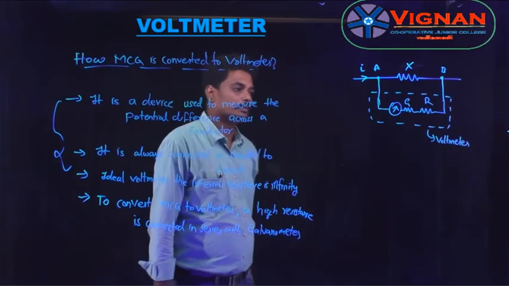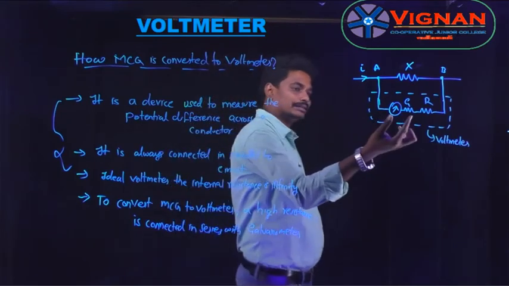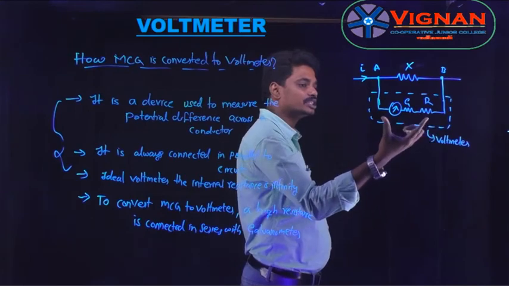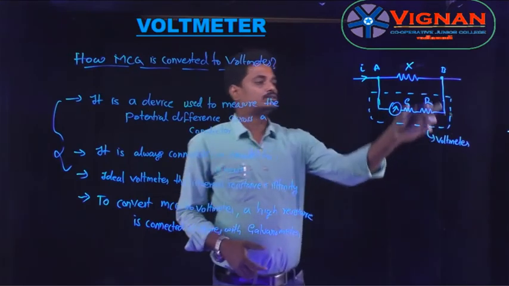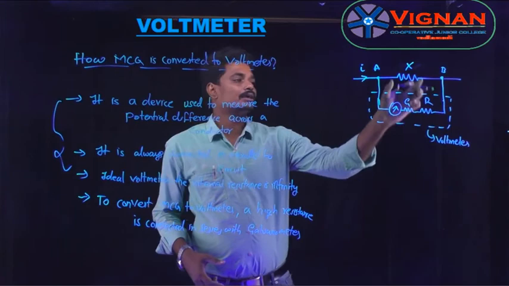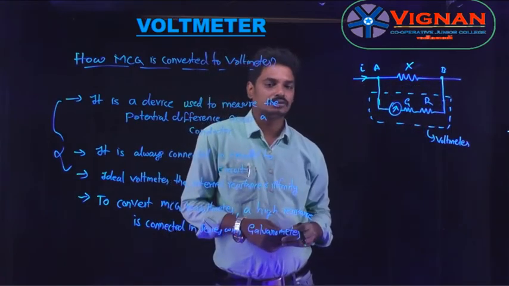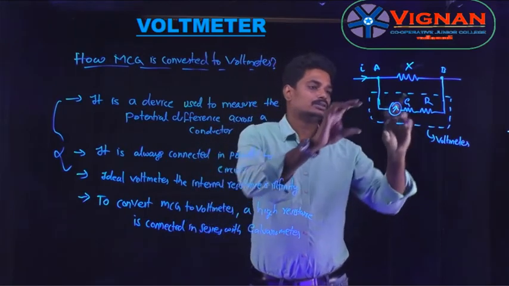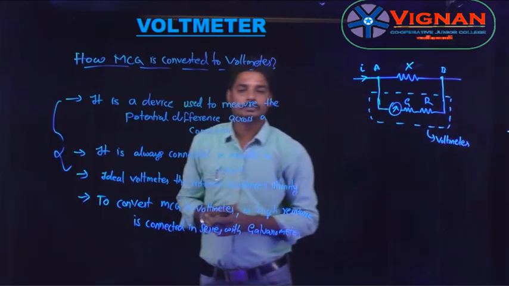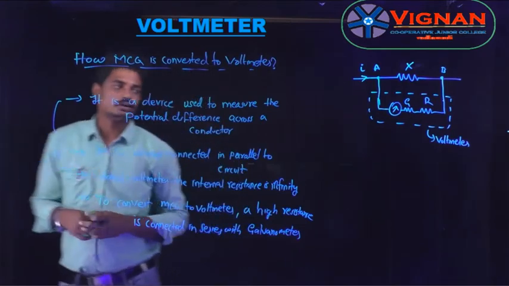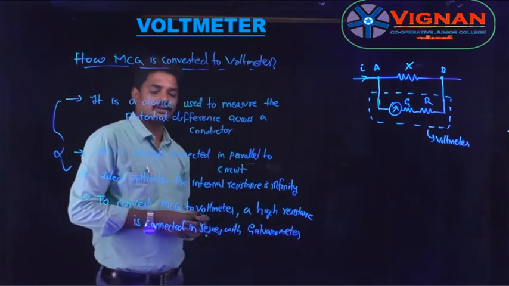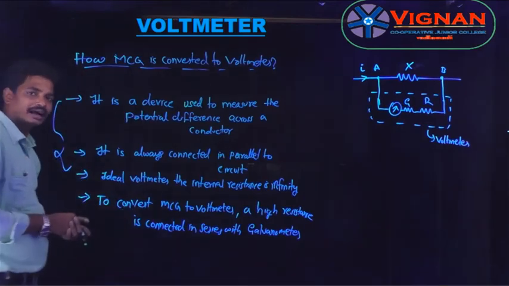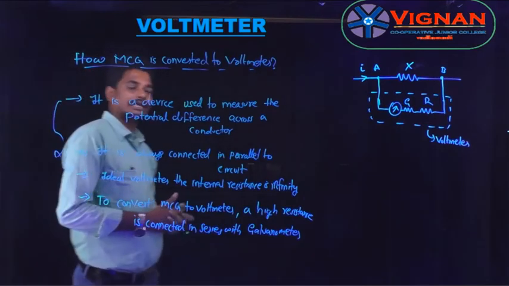You can observe here, this is the symbol for the galvanometer, and a high resistance is connected in series with the galvanometer, and the whole part is connected in parallel with the given circuit. So this total part gives us the voltmeter, from which the potential difference across the circuit can be calculated. So to convert the moving coil galvanometer to a voltmeter, we should connect a high resistance in series with the galvanometer.